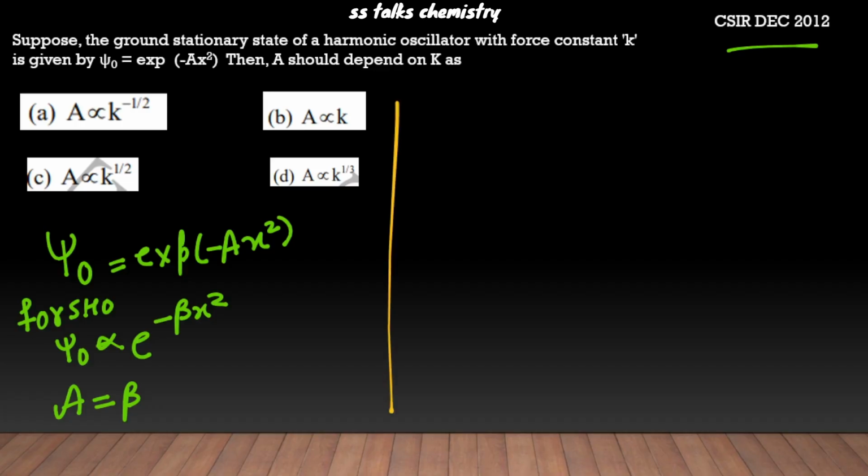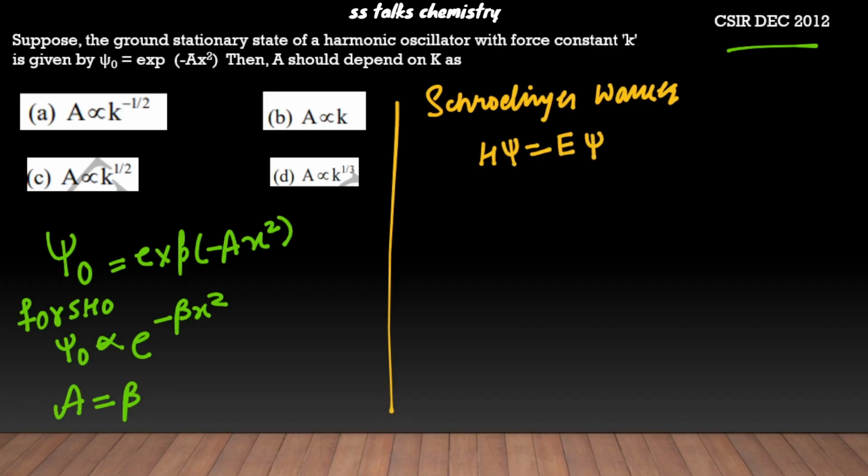So in the derivation part of it, from our Schrodinger wave equation, we know that H psi is equal to E psi. Now this H is the sum of kinetic and potential energies.